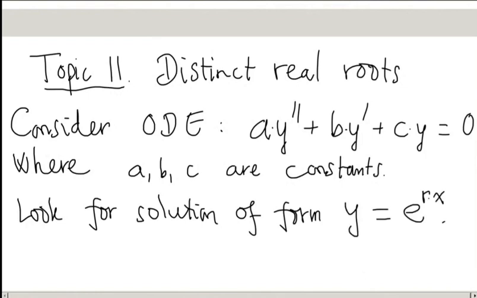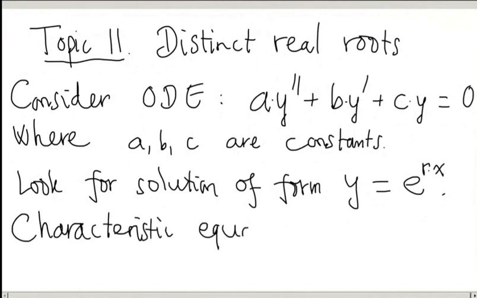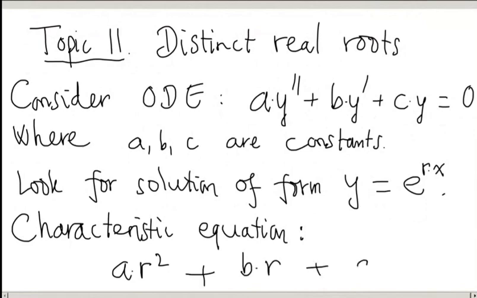Then you don't need to take the derivative again, plug in and simplify. We did that already, so we can just write down the characteristic equation. For the second derivative, we have r squared, plus b times the first derivative, which gives r, and without a derivative, we just have the constant.